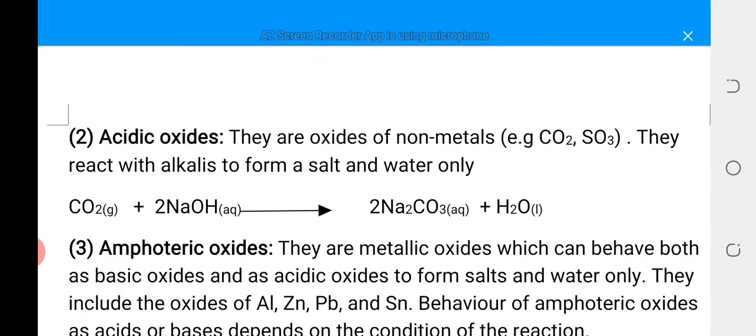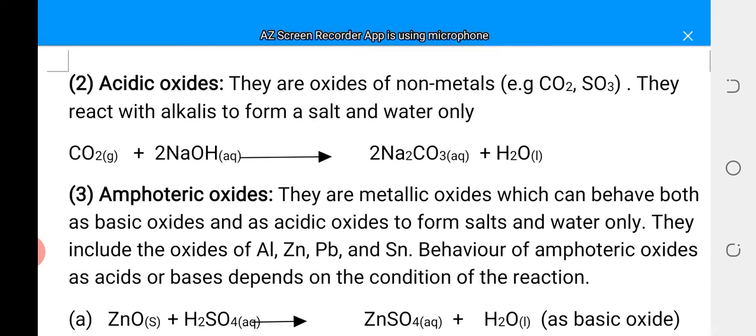They are also metallic oxides, just like basic oxides, but they can behave both as basic oxides and as acidic oxides to form salt and water. Examples of such metals that can combine with oxygen to form amphoteric oxides are aluminium, zinc, lead, and tin.